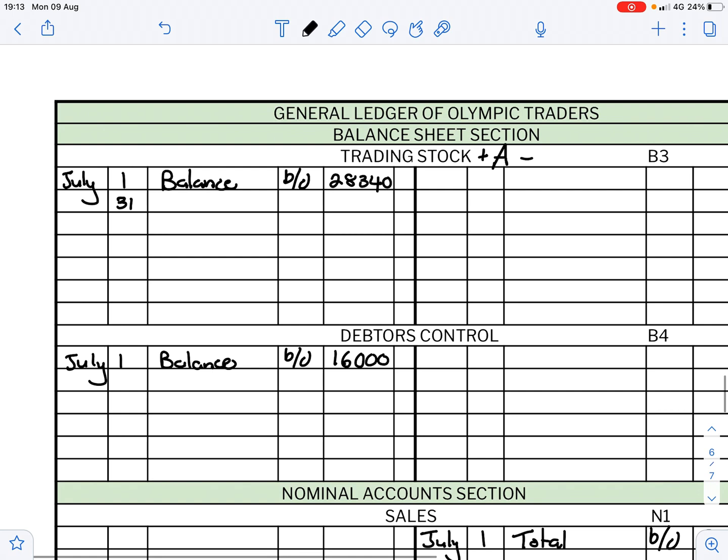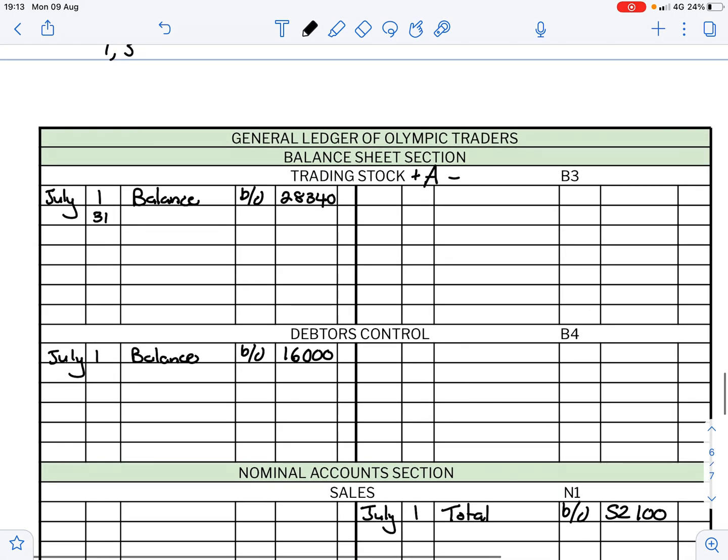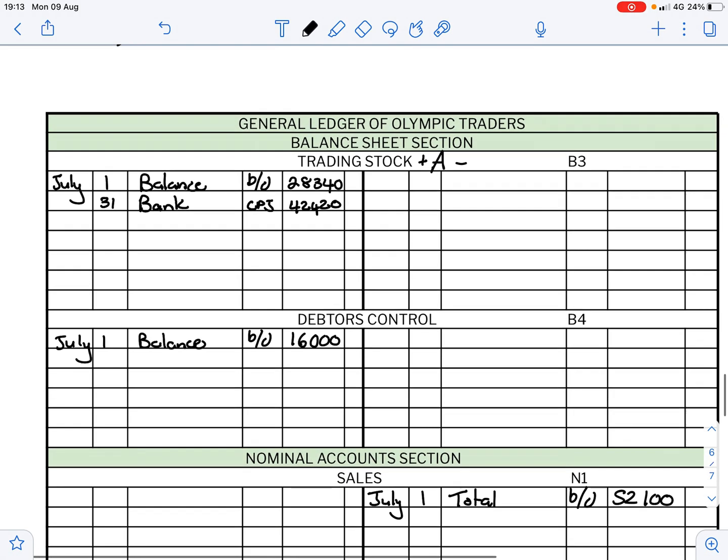Okay, so we start off increasing trading stock by purchasing more. Our contra account when purchasing trading stock is bank. We get that from the CPJ, and we've just worked out the amount at 42,420 Rand.